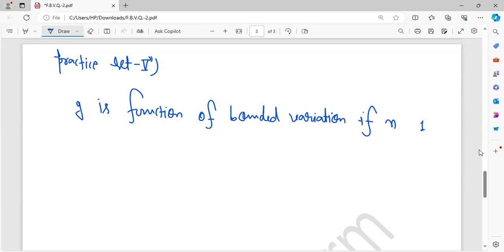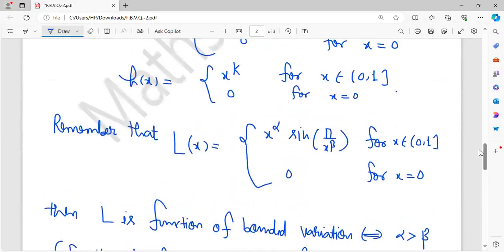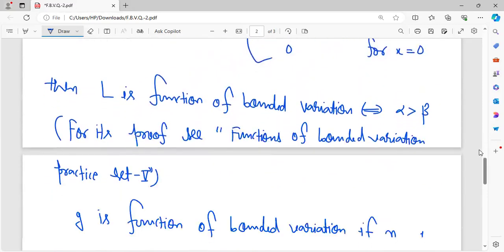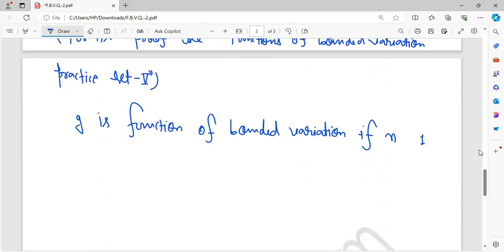In g(x), what is β? β is 1. And what is α? α is n. So α is equal to n, and β is 1. So this implies n should be greater than 1.